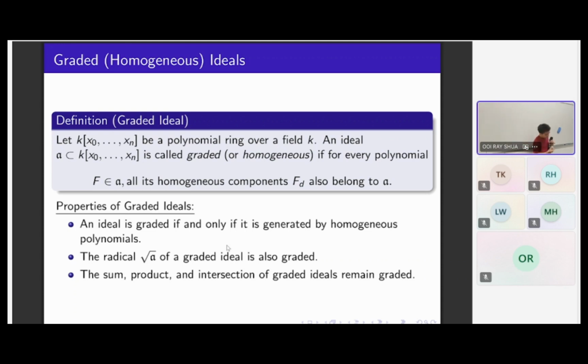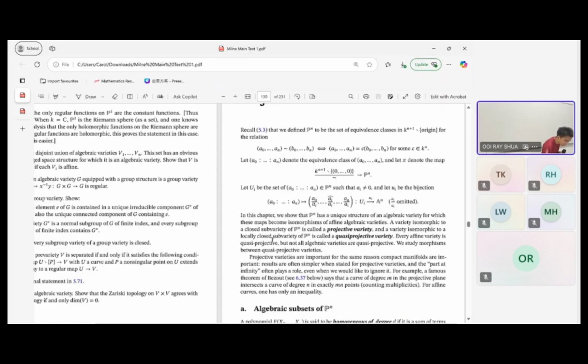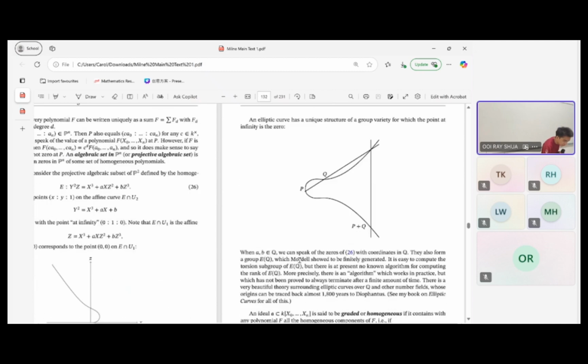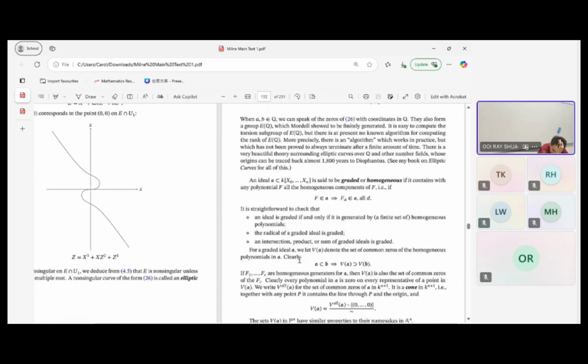That's further work, but I think it's true. For the generators, take all the homogeneous components. They should be finite.